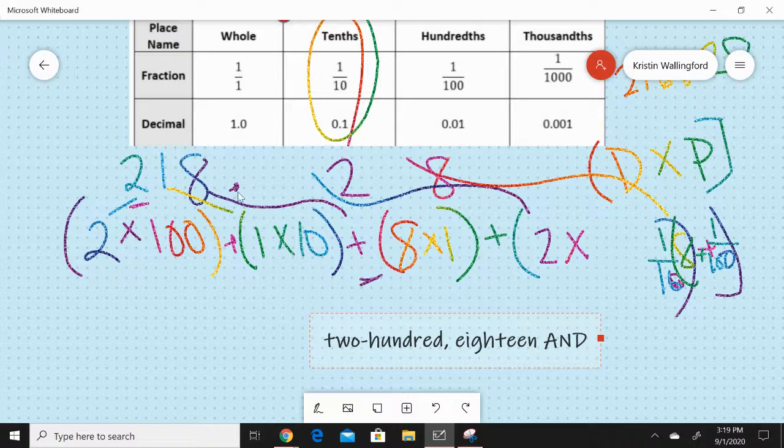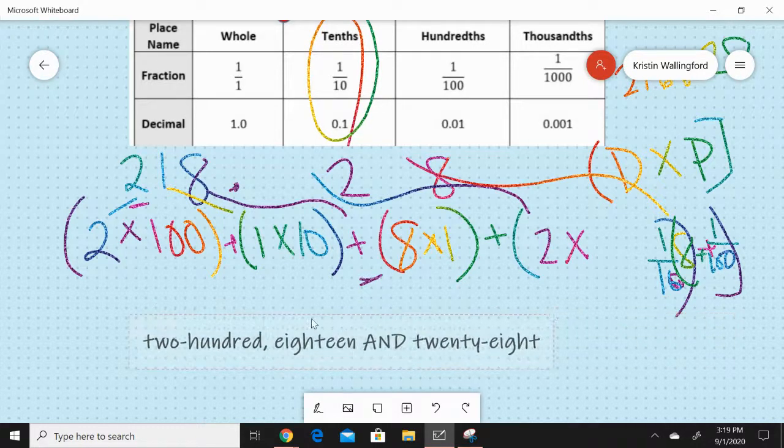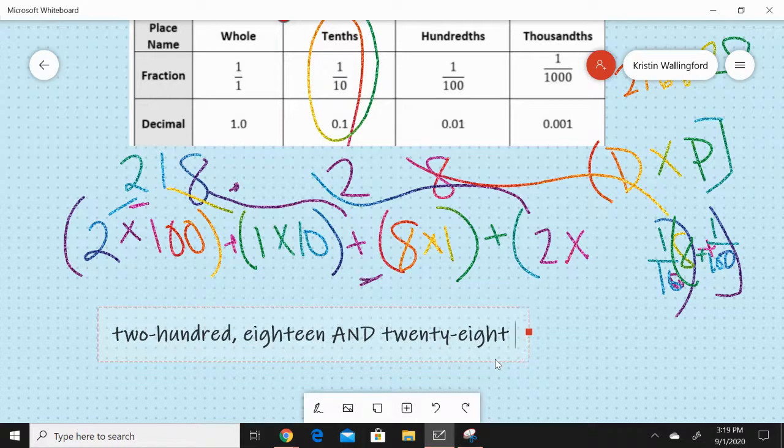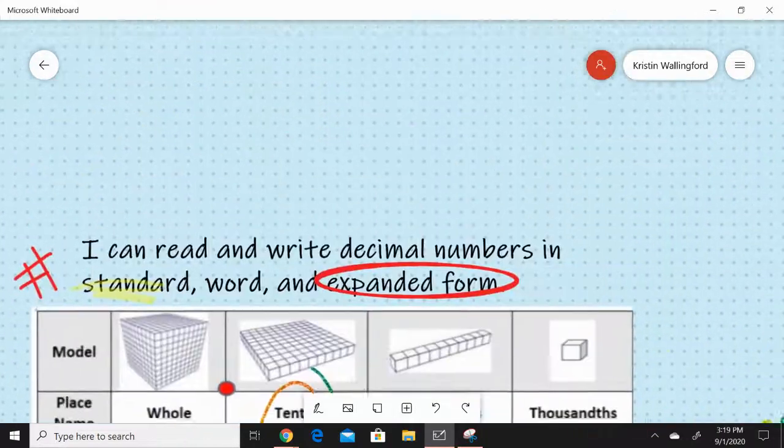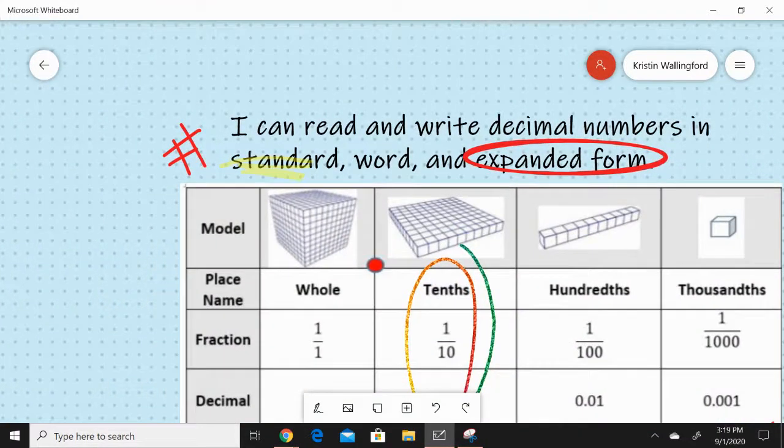And because that's where my decimal is, then I list this side, 28. And then I'm not done. What do I have to do? Think about it. I have to see what place it ends in. That 8 is in the hundredths place. So now you guys know how to read and write decimal numbers in standard, word, and expanded form.